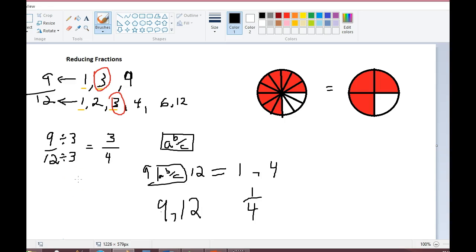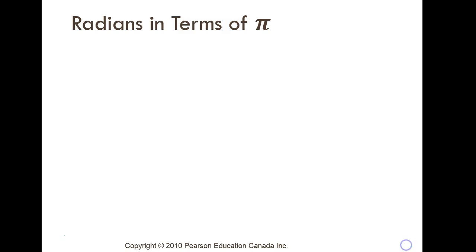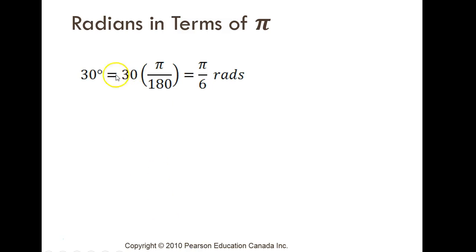And this is going to be necessary when we are working in this particular unit. So let's go there and have a look at that. Radians in terms of pi. So far we've been multiplying angles in degrees by pi over 180. To change them to radians in terms of pi, we're going to do the same, except not hitting the pi button. Take your angle in degrees, multiply by pi over 180, because we still are converting to radians, but just reduce the fraction.